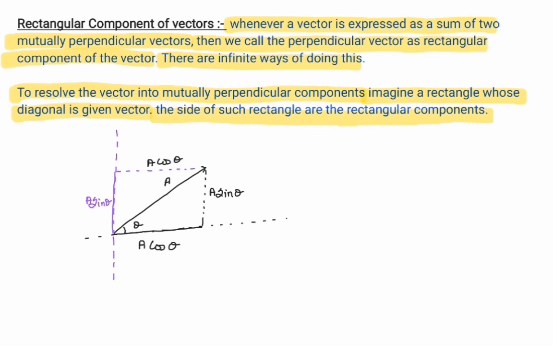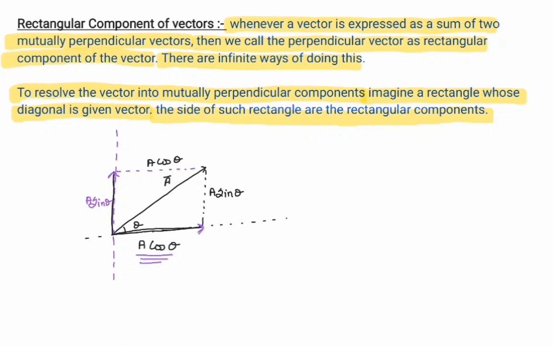Now if you look, you can see a rectangle, and these two perpendicular components form vector A. If these components were represented in the form of vectors, then this vector shown in black and this vector shown in blue combined form vector A. That's why A cos theta and A sin theta are known as rectangular components of the vector. But here it is a magnitude.